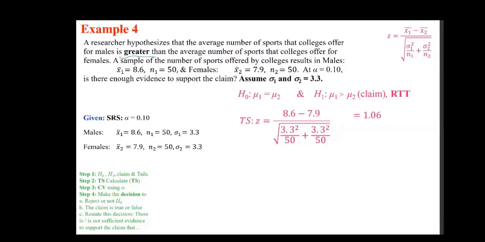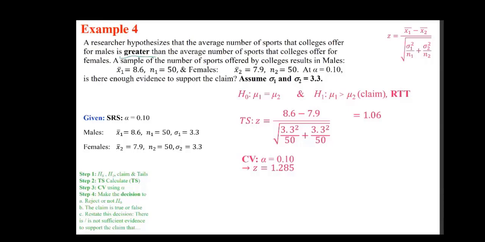Let's come up with the critical value. Critical value uses the alpha, which is 0.1, and we use the Z table. Gives us 1.285. Now graph this critical value and then locate the test statistic in respect to that.